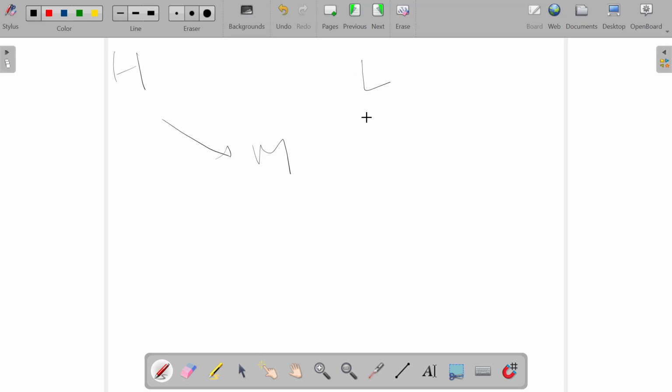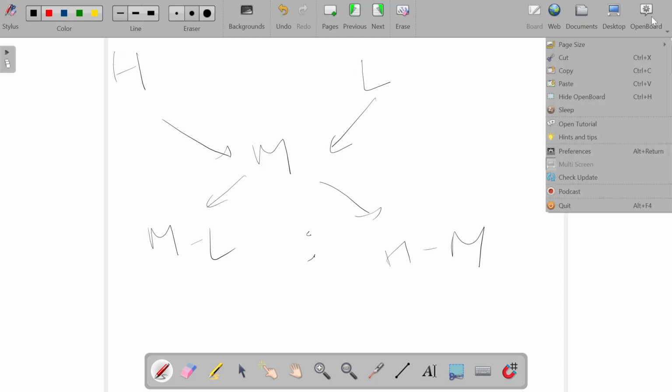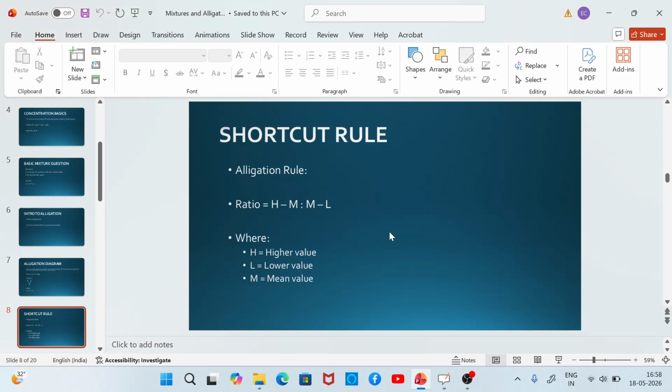So again we do diagonal subtraction. So the ratio is M minus L is to H minus M, where H is the higher value, L is the lower value, and M is the mean value. Understood? Okay. So now let's move on to the next slide.